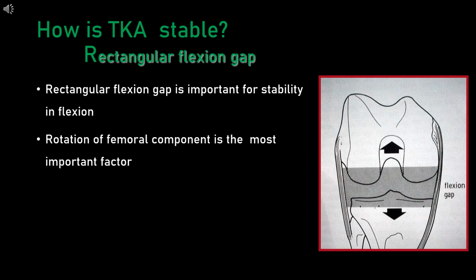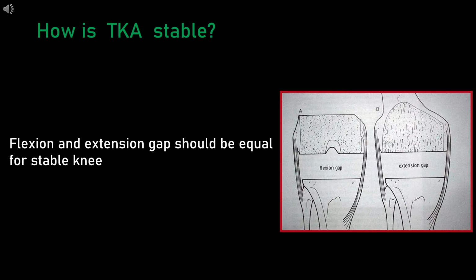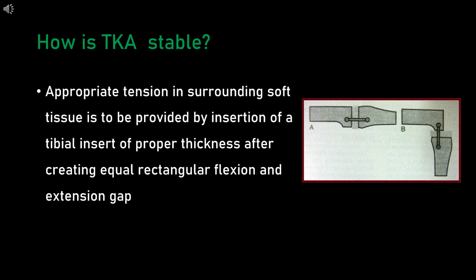Rotation of the femoral component is the most important factor for a rectangular flexion gap. Flexion and extension gaps should be equal for a stable knee. Appropriate tension in surrounding soft tissues is to be provided by insertion of a tibial insert of proper thickness after creating equal rectangular flexion and extension gaps.